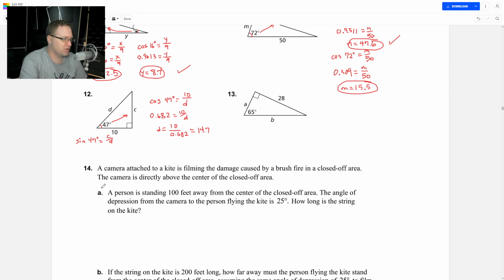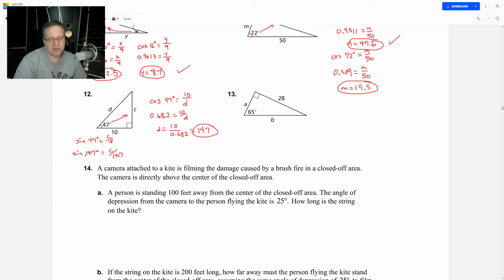So d equals 14.7, which means now we can solve this because we know that sine of 47 degrees is going to equal c over 14.7.